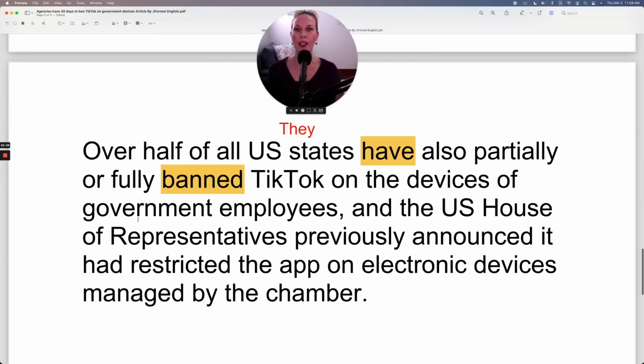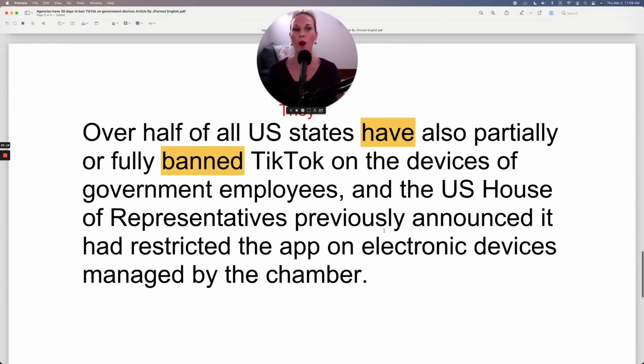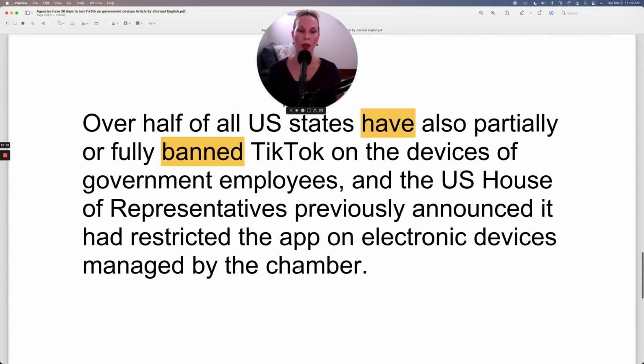TikTok on the devices of government employees. Again, this is just government employees. And the U.S. House of Representatives previously announced it had restricted the app on electronic devices managed by the chamber. Okay. It had restricted. This is our past perfect.